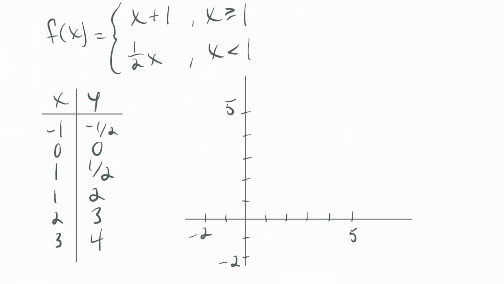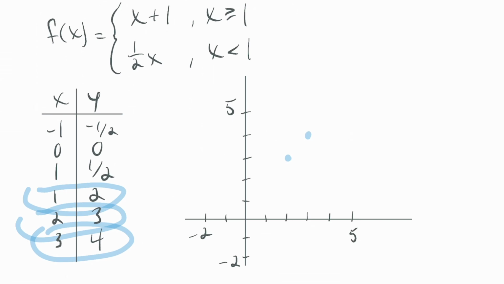Okay. So when I go and plot, let's start at the bottom. I'm going to plot out this guy. I'll do 3, 4 first. So 3, 4. That's right about there. Okay. 2, 3. It's right about there. 1, 2. It's right about there. Okay.